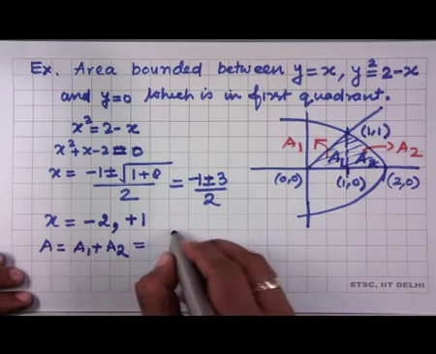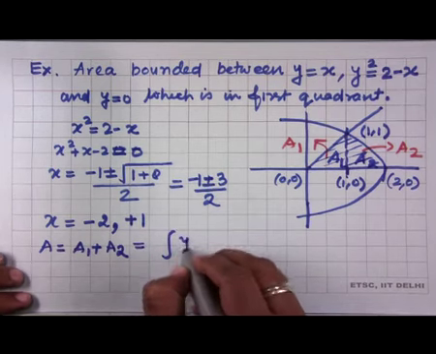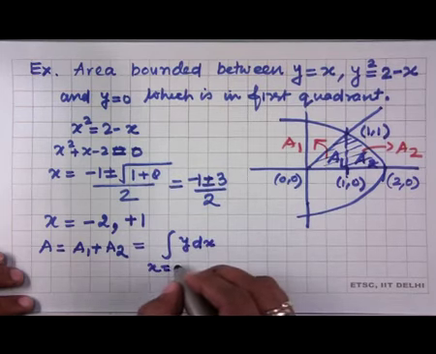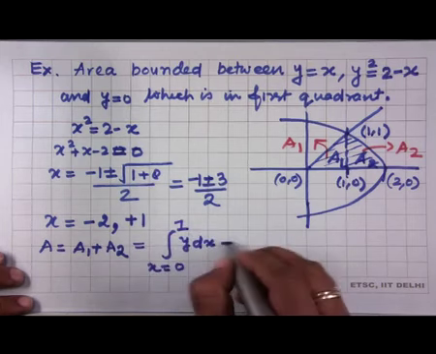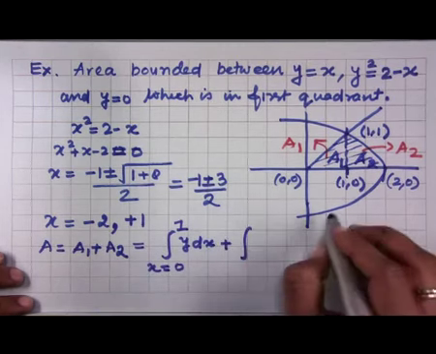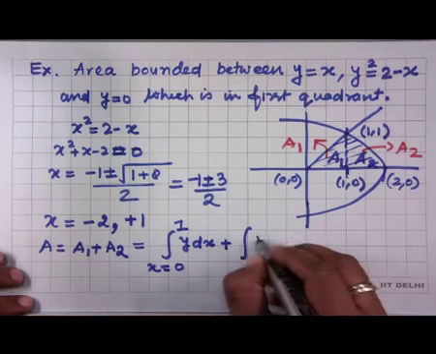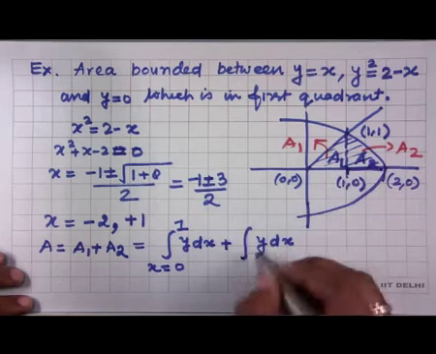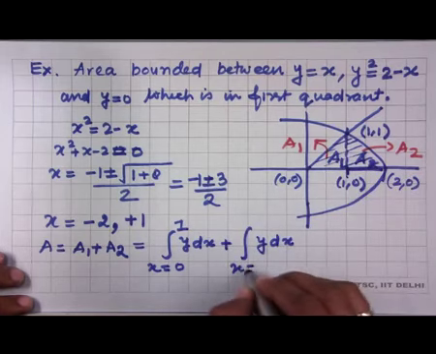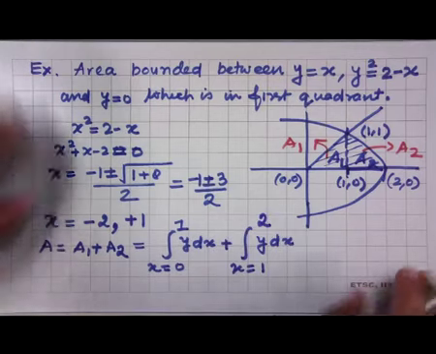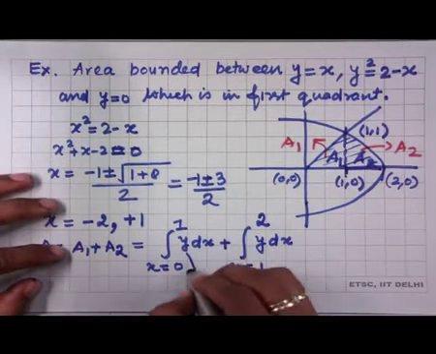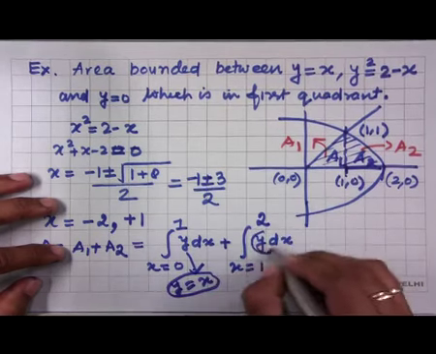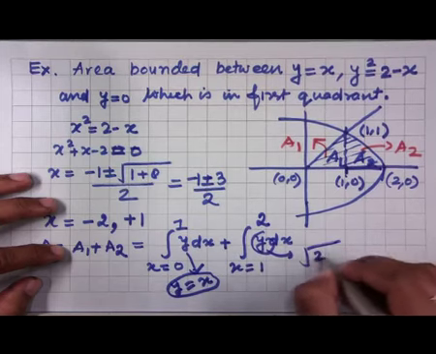So, A1 is given by y dx, where x goes from 0 to 1, plus y dx, and for A2 this x limit will be from 1 to 2. This y is equal to x and this y is equal to under root 2 minus x.